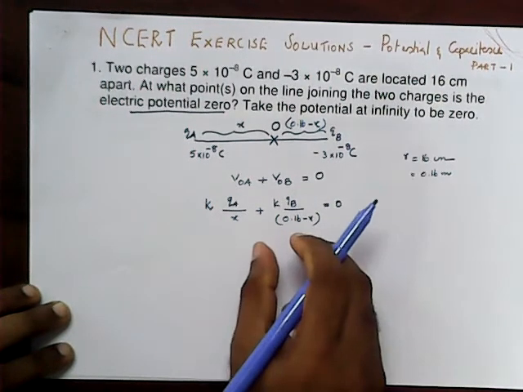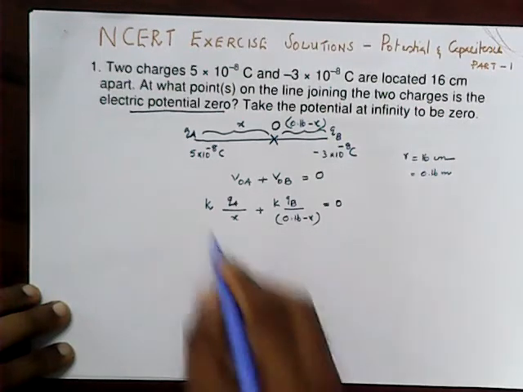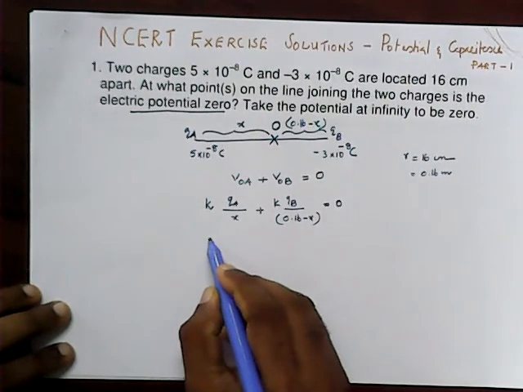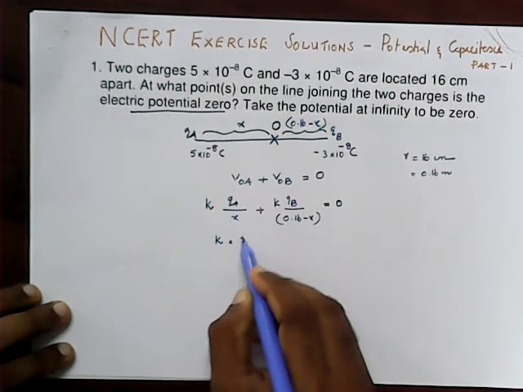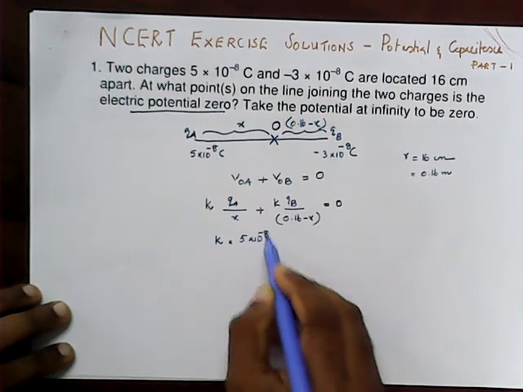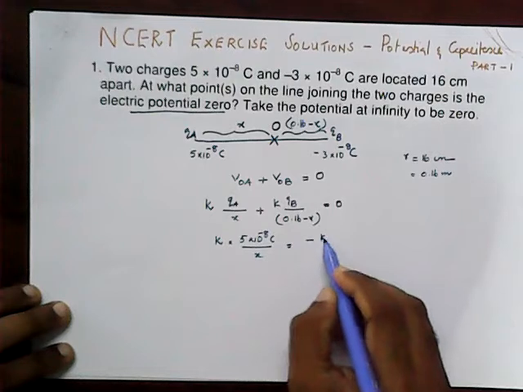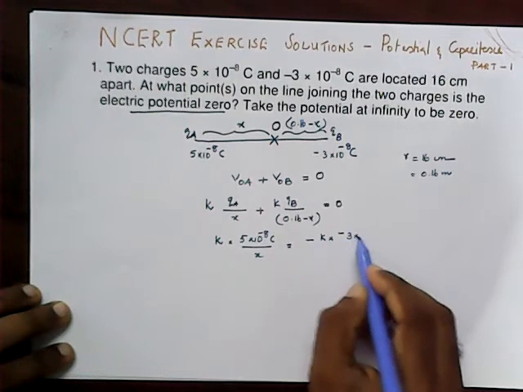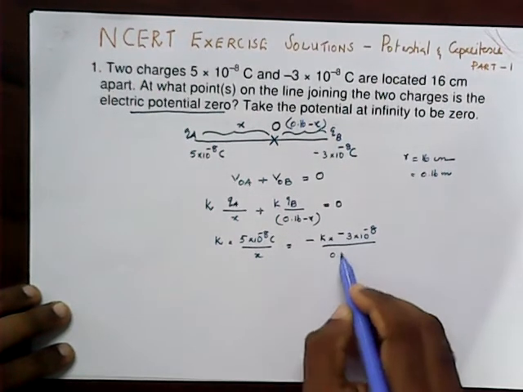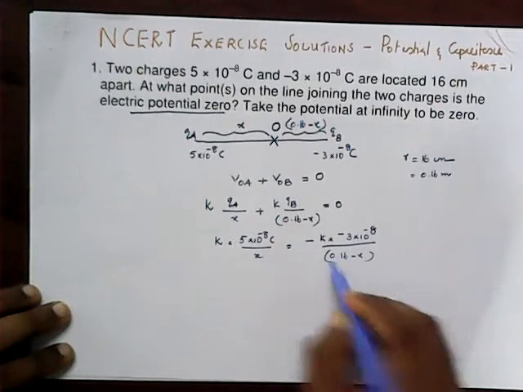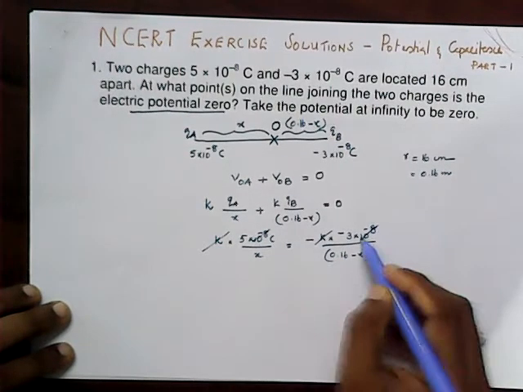Then we can take any one of them to the other side. So here K is nothing but equal to 1 by 4 pi epsilon 0, K into the charge 5 into 10 raised to minus 8 coulomb by X is equal to minus K into the charge minus 3 into 10 raised to minus 8 coulomb, divided by 0.16 minus X. So the equal factors cancel, minus 8 and minus 8.